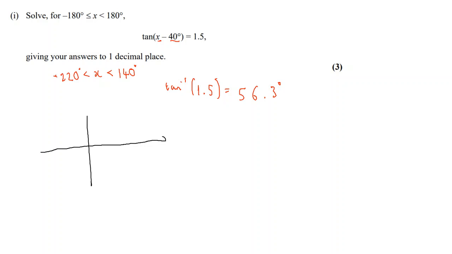Okay? So your tan graph starts here, and then it has an asymptote. And the asymptote is at 90. So let's just mark on 90 there. So this is what it's going to look like. And it goes up like that, and it has an asymptote here at x equals 90. And then it starts again down here, and it goes up to 180.